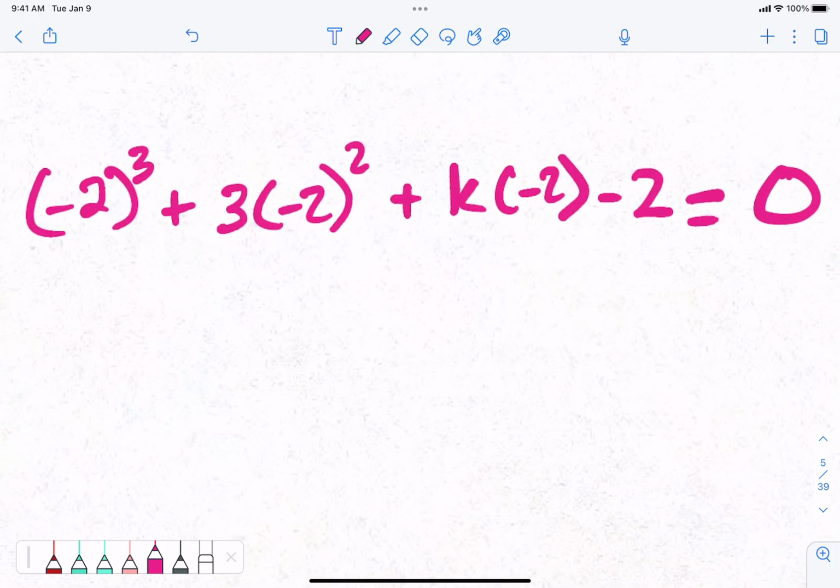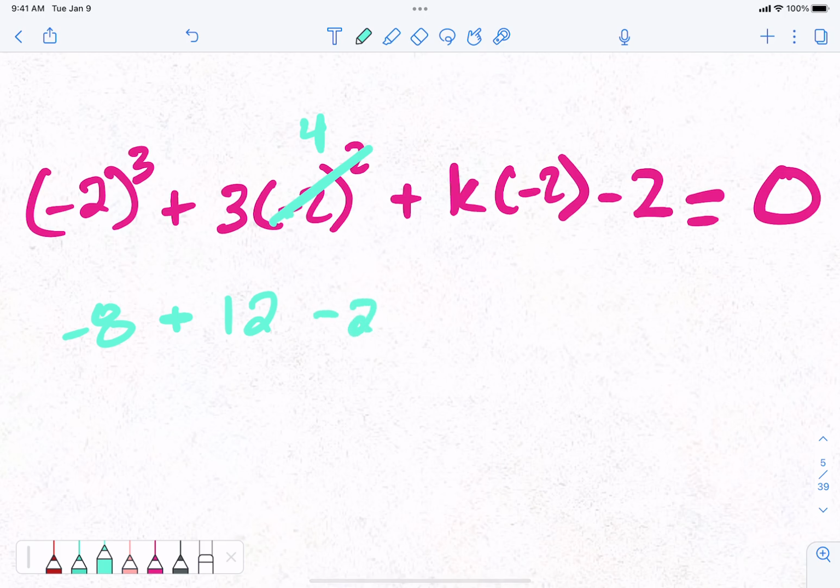Okay, so let's just solve everything and get rid of everything except for k. -2 to the third is -8. Plus -2 squared is 4 times 3 is 12. Okay, I'm going to write this as minus 2k minus 2 equals 0. Then what would you like to do?